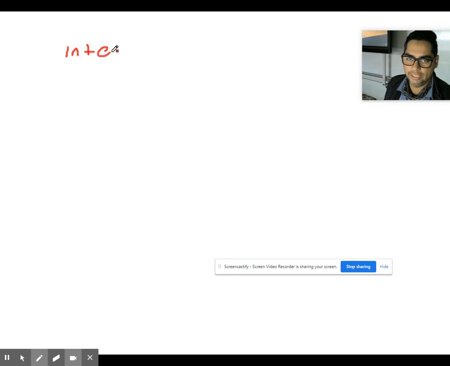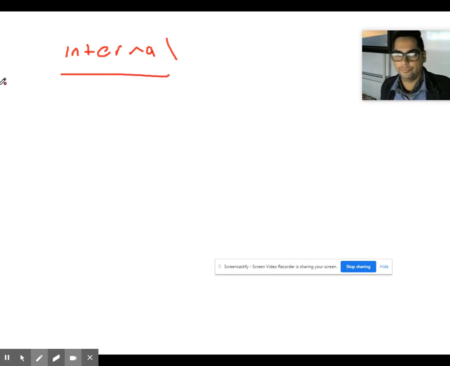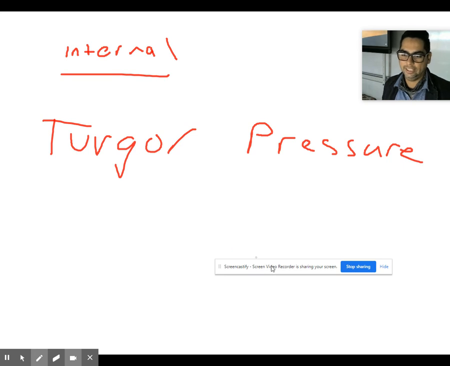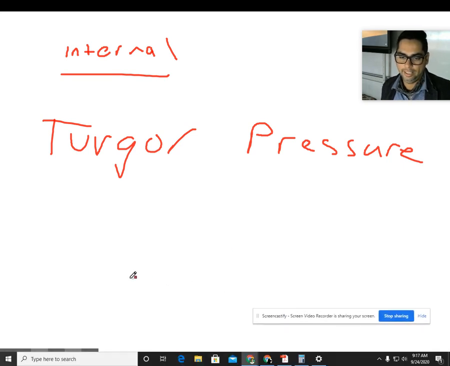But plants also have an internal stimulus, and that's called turgor pressure. And what it is, it basically is how much water is inside the plant.